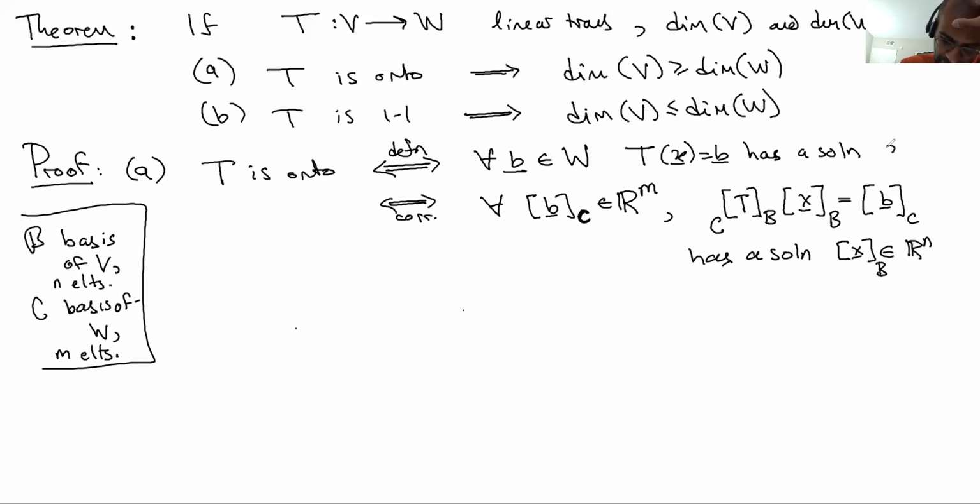So originally the solution x was in V, and now the solution is in Rn. So any questions about that step?